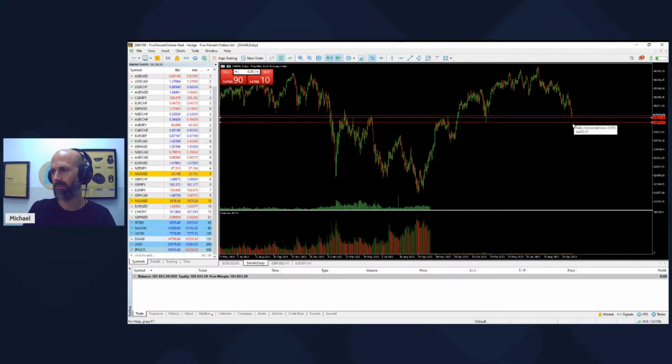So work the level means that you scale into your position, add as you continue to build the level, and when it bounces in your favor, you can add even more, as long as, like I said many times before, you stay within the risk parameters. So this is the area you want to start working and potentially see a bounce in the price.